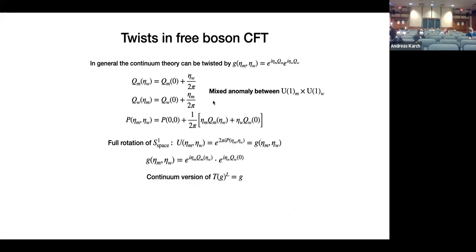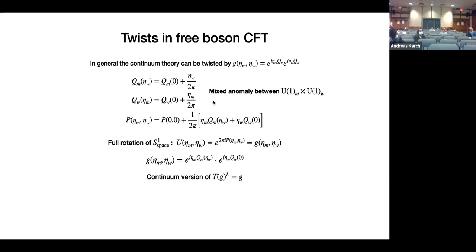This is called the spectral flow. States and quantum numbers change continuously as we put in these twists, and we can check how they change with the parameters. Now recall that we have this important relation on the lattice that T to the L is equal to G, where G is a symmetry that we twist the spatial direction.